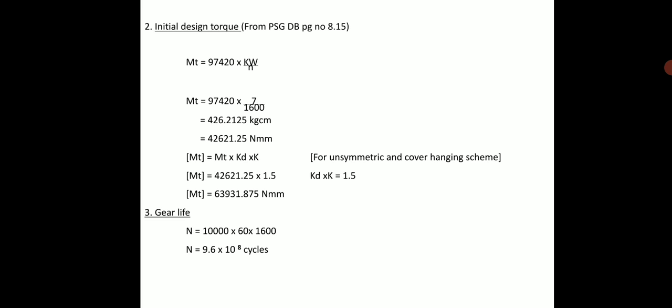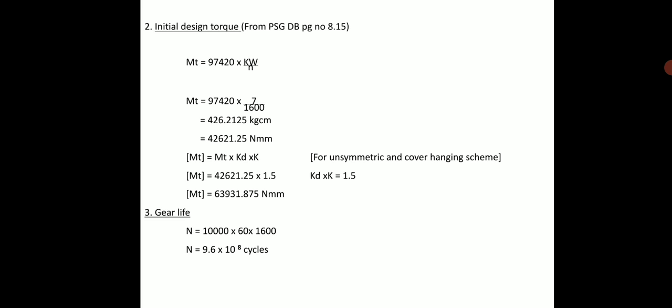Initial design torque, from page number 8.15 of the PSG data book. MT is equal to 9740 into kilowatt divided by N. Substituting the values, we are getting 426.2125 kg-cm.